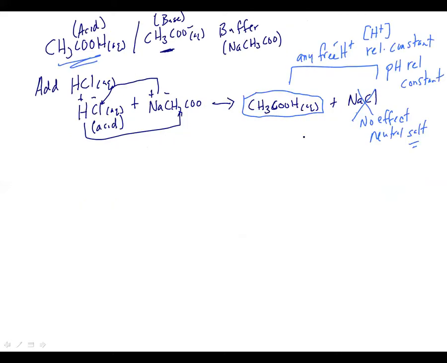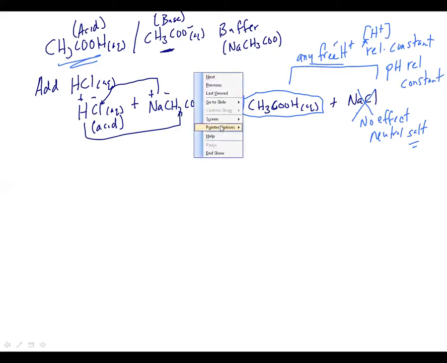But when we add that same acid to a buffer, we don't get any more free H plus, which keeps that original H plus concentration constant. And by default, we'll keep the pH relatively constant. Any questions on how that works when we add an acid?